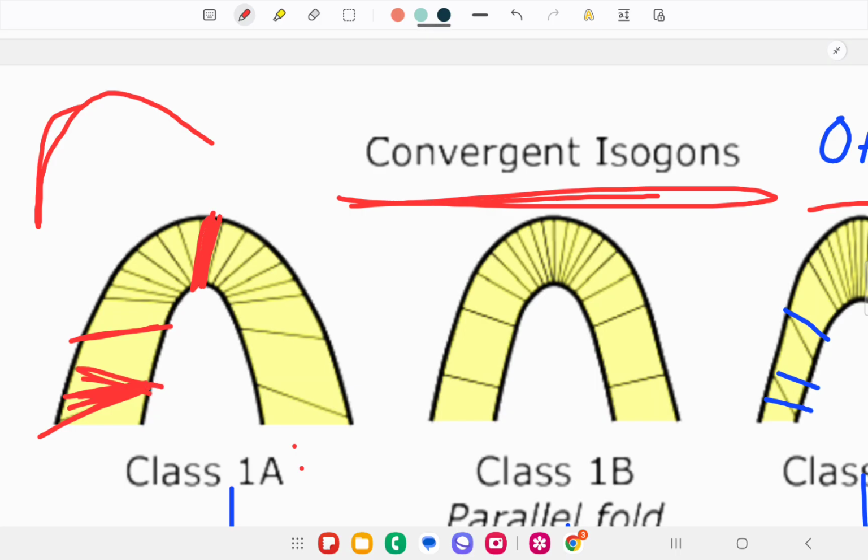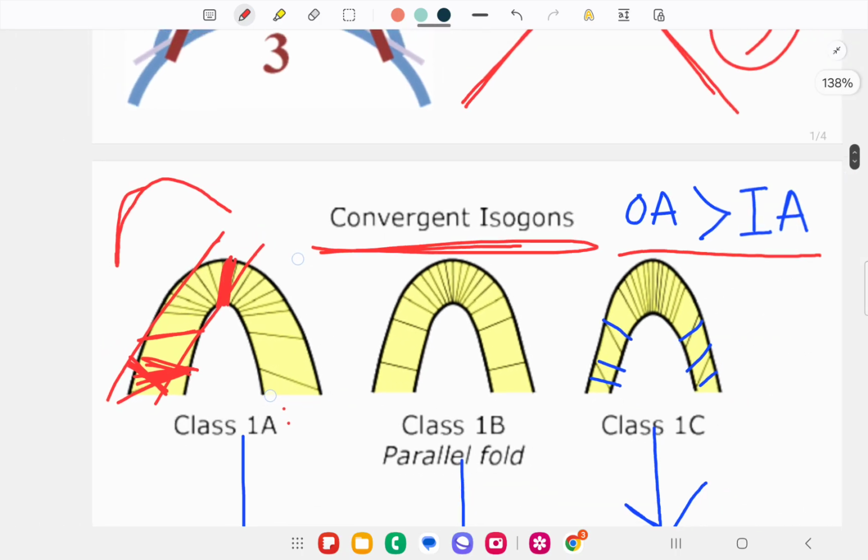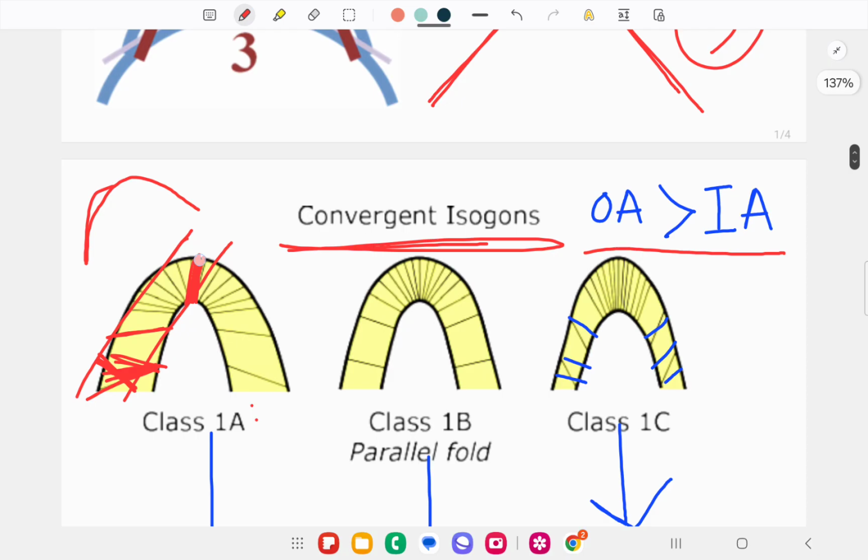Orthogonal thickness means the perpendicular line connecting the two lines, and the thickness of this perpendicular line is smallest at the hinge area.